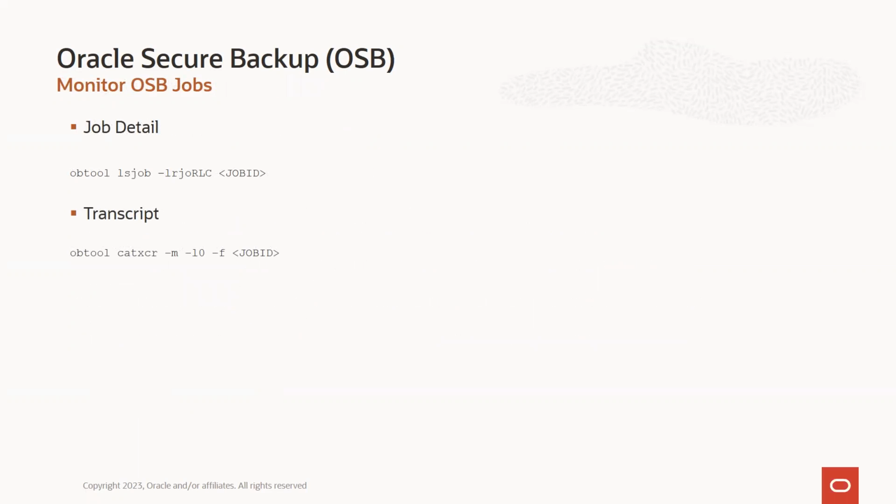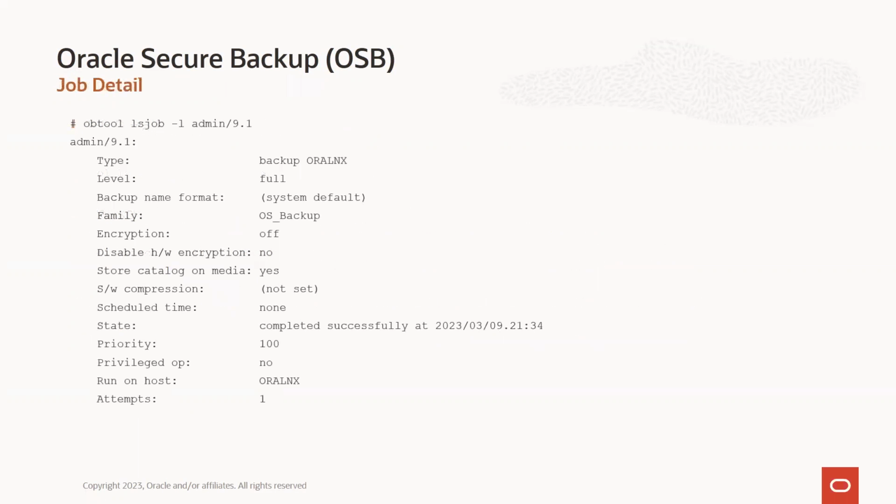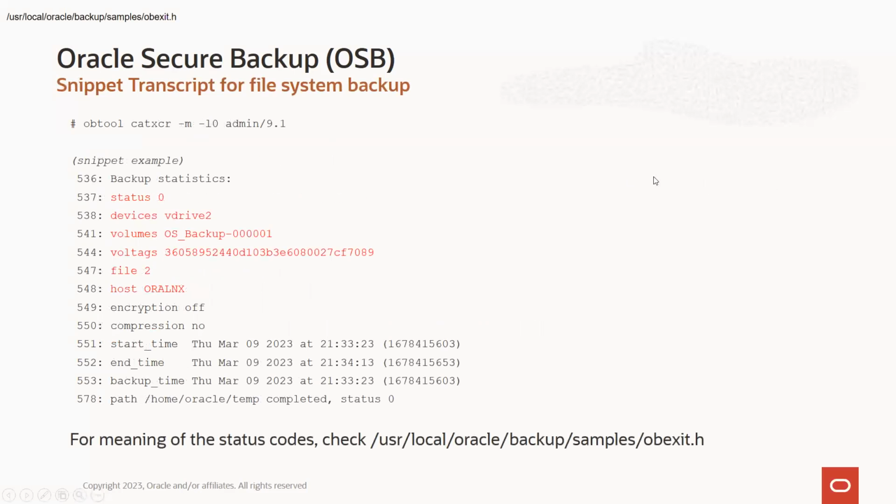To monitor the OSB jobs, you can run the obtool ls job and the cat-xcr. So in this example here, we display the detail of the job ID admin/91. And this is the snippet transcript of the file system backup admin/91.